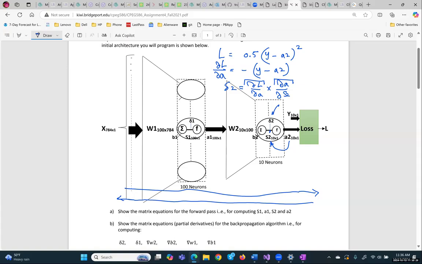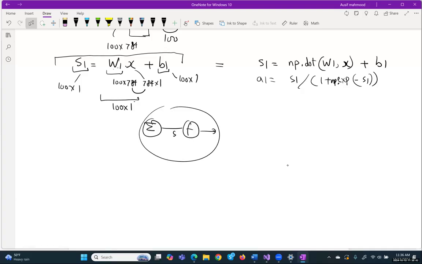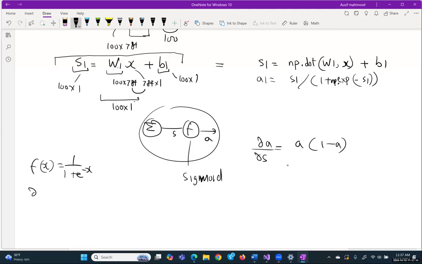Let me refresh your memory for sigmoid. If this is S, and this is sigmoid, and we call the output A, then partial A over partial S, the derivative of the sigmoid, is A multiplied by 1 minus A. In general, if f of x is 1 over 1 plus e to the minus x, then partial f over partial x is f of x times 1 minus f of x.